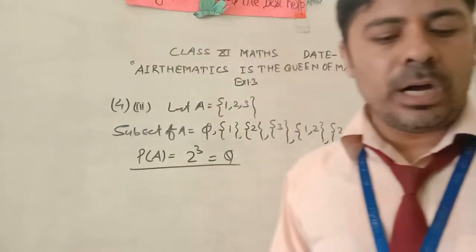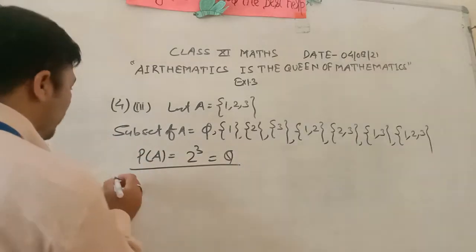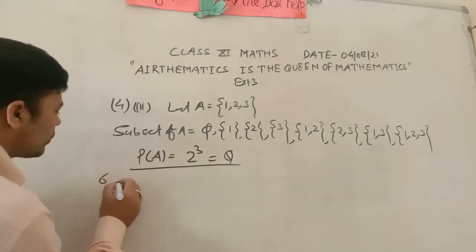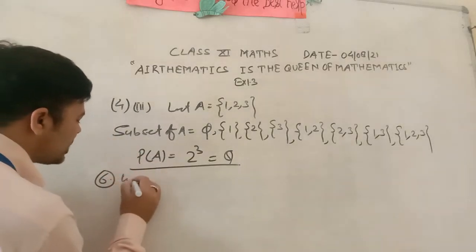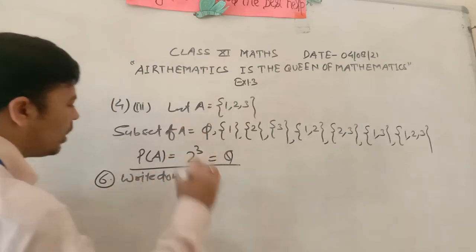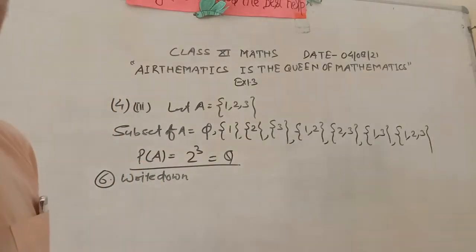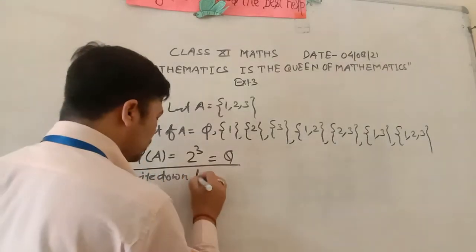Now we will move on to question number 6. Write down as intervals. Question number 6 states: write down the following as intervals.